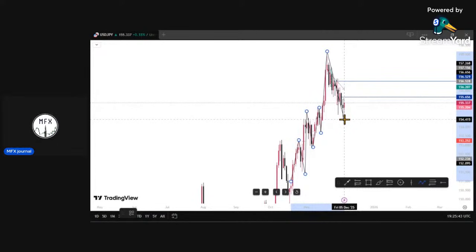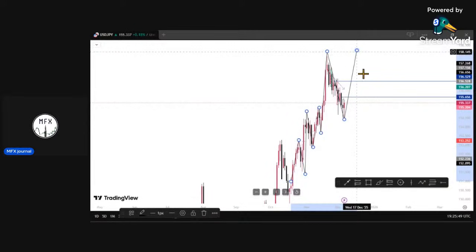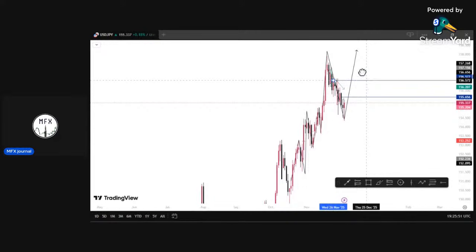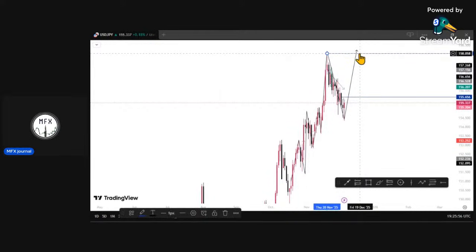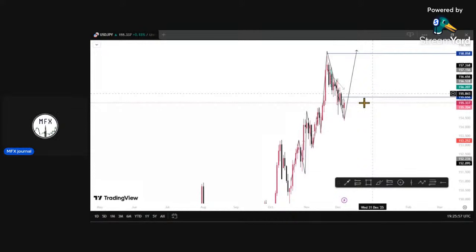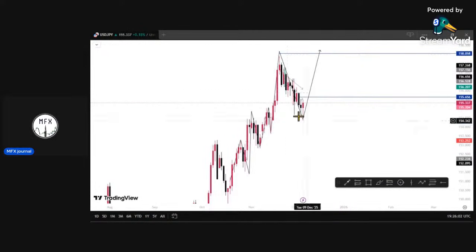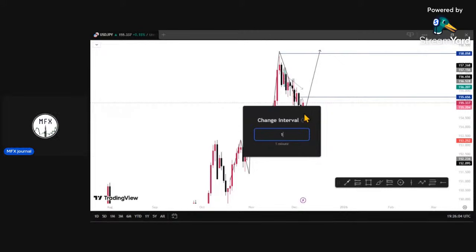The next aim, in case price continues to go upward, is this high right here. This high right here is our next target if price continues to go bullish. So this huge move from here to here is a very big retracement.